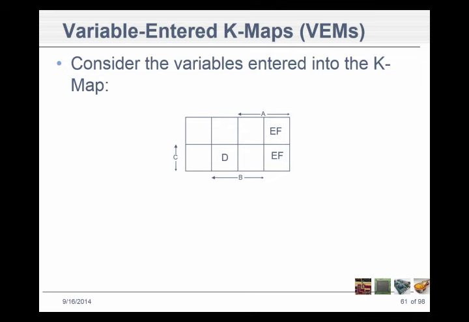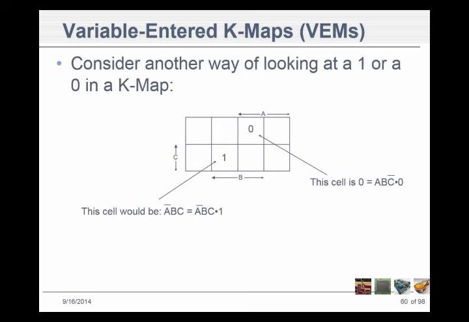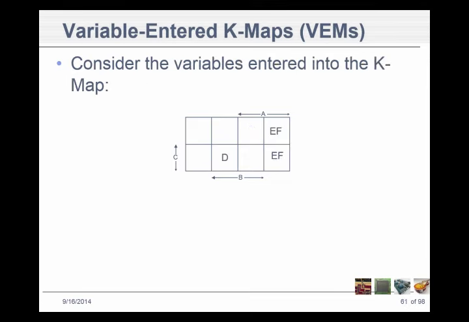What we end up doing is I can put the E and F in there or the D, and all I'm really saying is the same thing. Instead of not A, B, and C, and 1, if I had that other variable, I could say and D. If D was a 0, that cell would be a 0. If D was a 1, that cell would be a 1.